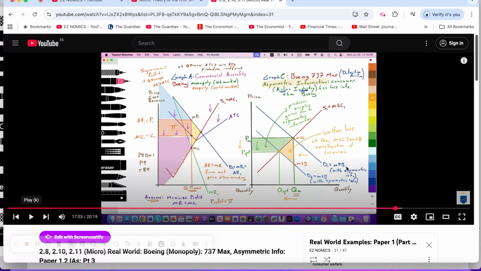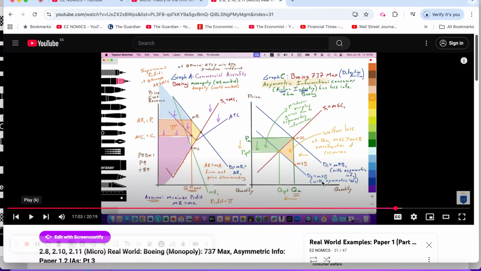So you had airlines demanding the defective Boeing 737 MAX due to a lack of knowledge of its defective nature. When D1 equals S1, at the free market quantity of QM, the marginal social cost is greater than the marginal social benefit, and that is an overallocation of resources towards these defective aircraft that can harm society and lead to death, in the case of two airline crashes.